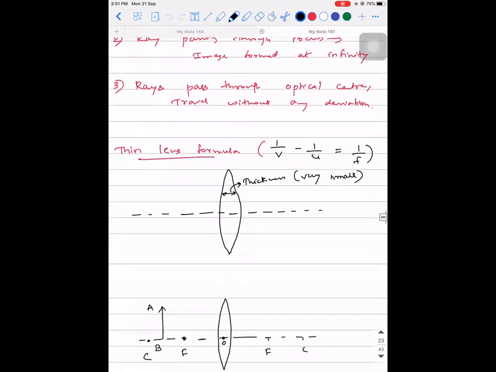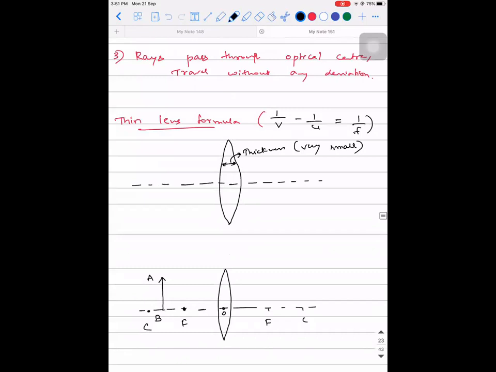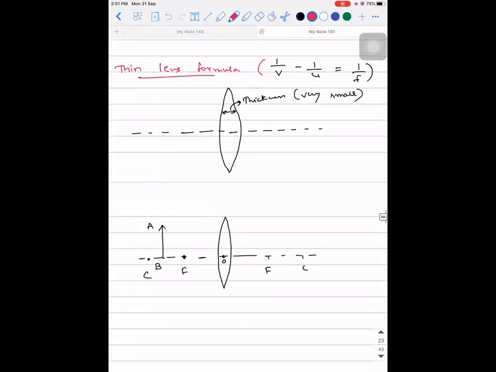So in this case, what will happen? One ray you can take parallel to the principal axis. So when you take it parallel to the principal axis, what will happen to it? It passes through the focus, to the other side, right?